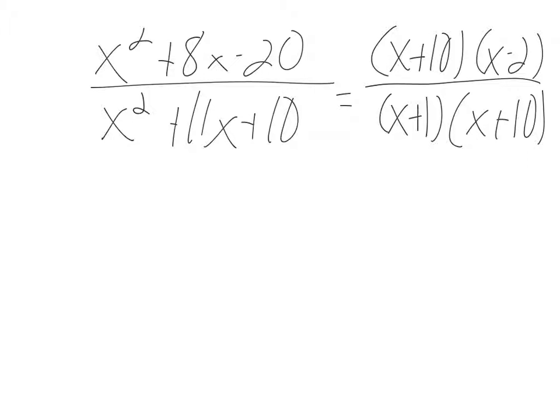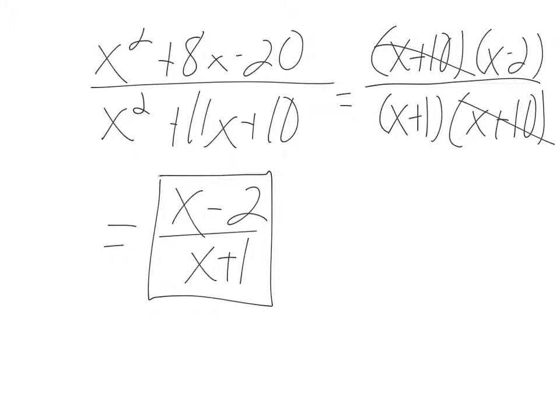So now that we've gotten here, everything becomes a little bit simpler because we can cross off these x plus 10 and we get an answer of x minus 2 over x plus 1.